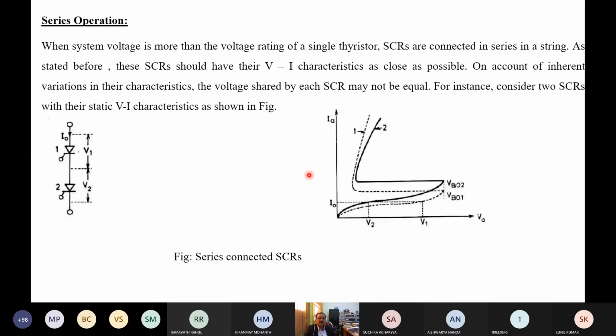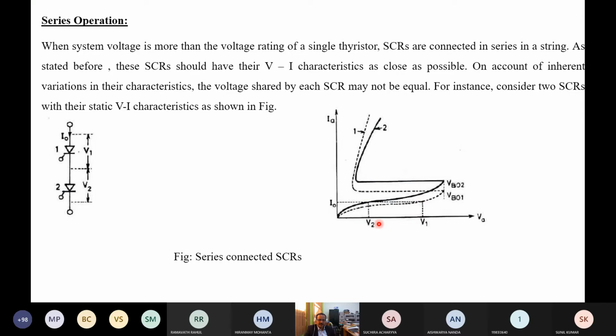Okay. See here, two thyristors connected in series, but their characteristics are different. So for the same leakage current in the off state, the voltage blocked by thyristor T2 is V2 and the voltage blocked by T1 is V1. So the total voltage blocked is V1 plus V2, but the actual voltage to block is 2V1.